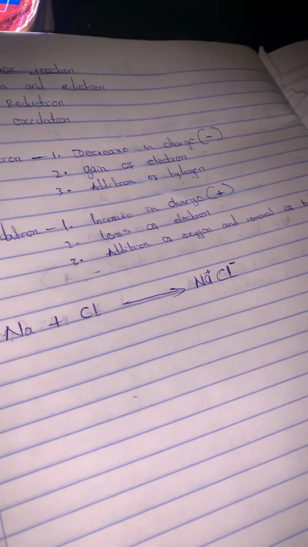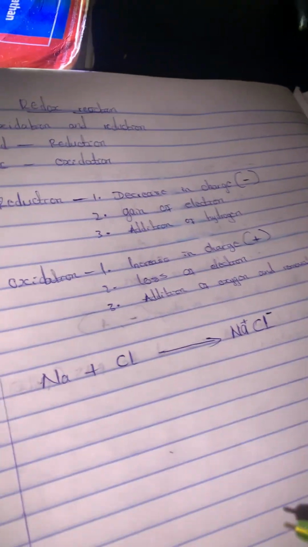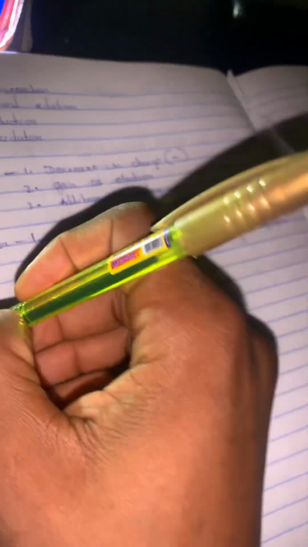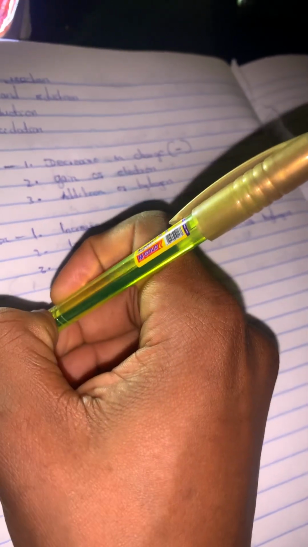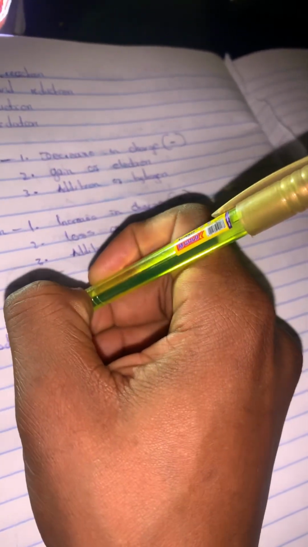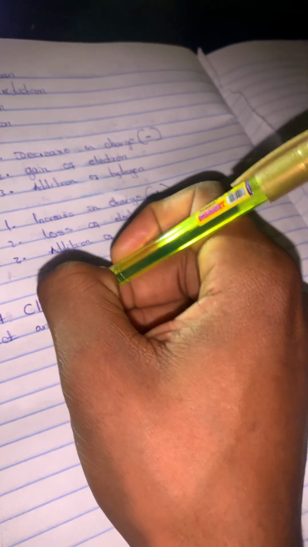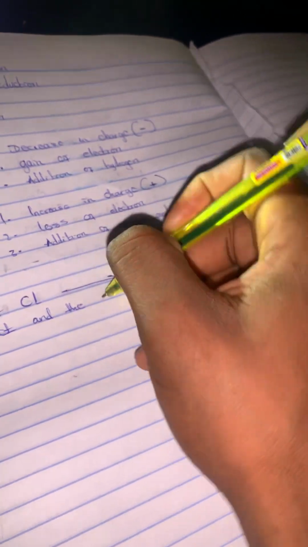Now, in a chemical reaction or a chemical equation, I want you to understand that we have what we call the product and the reactant.